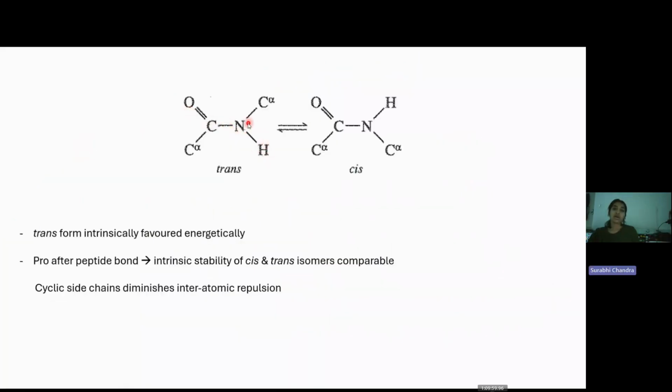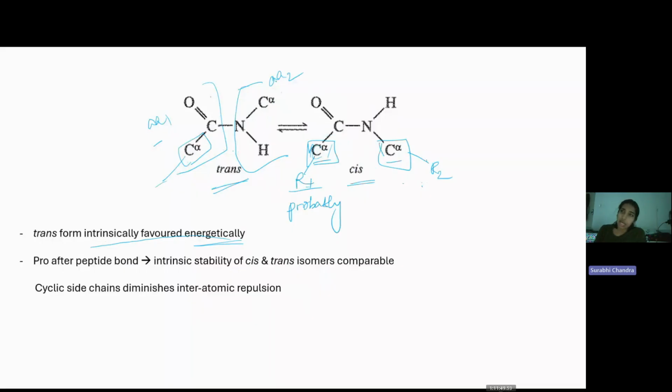Yeah. So in general, when we talk about the trans and cis forms, this is the peptide bond here, CONH, okay? This C is attached to this C alpha here, and this N is attached to the C alpha of another amino acid, right? Suppose this is attached to amino acid 1 and this N here is attached to the C alpha of amino acid 2.